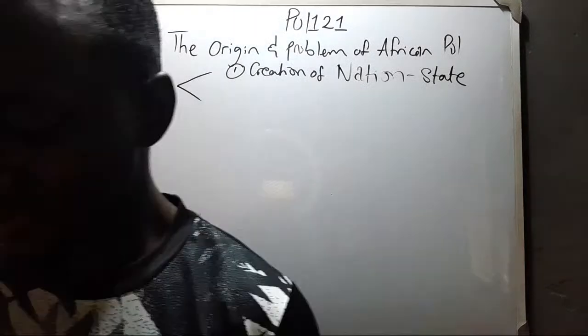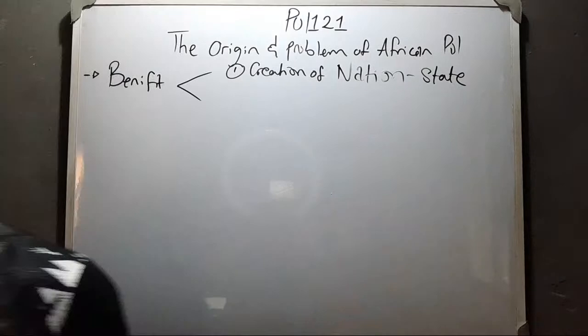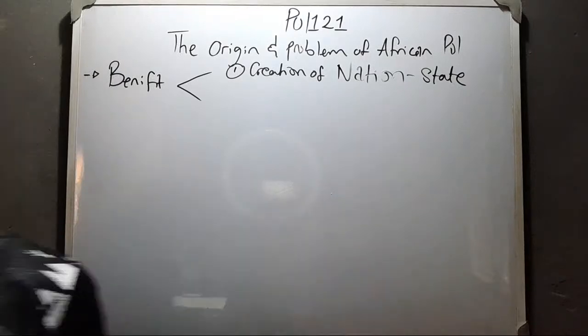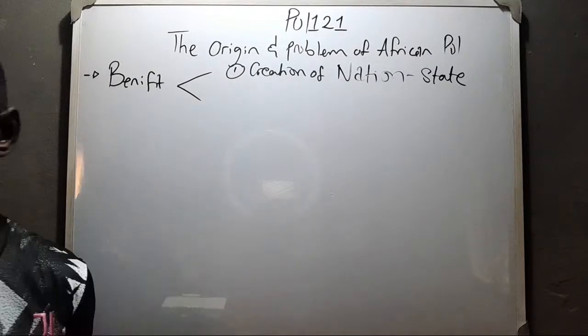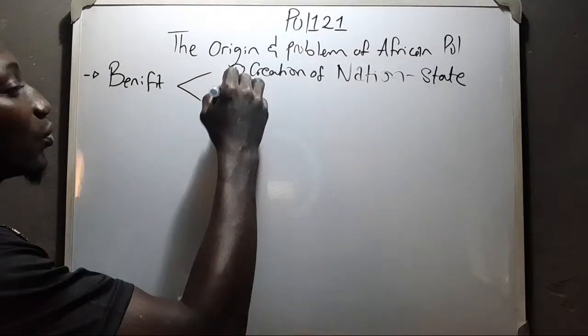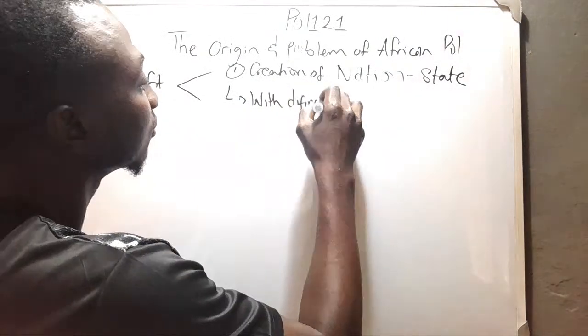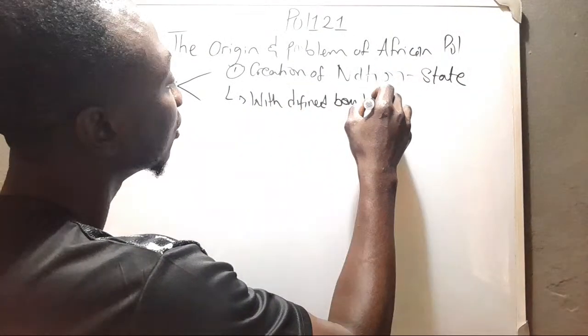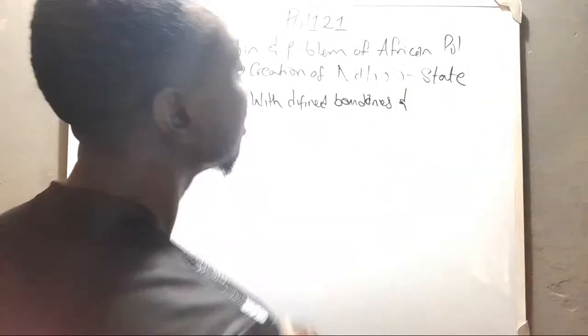So foreign rule created modern nation states with defined boundaries and capitals.